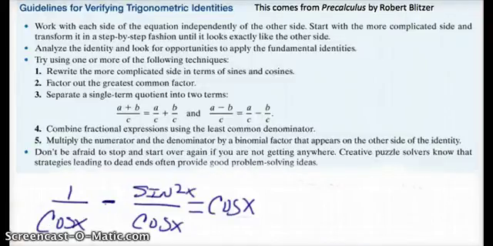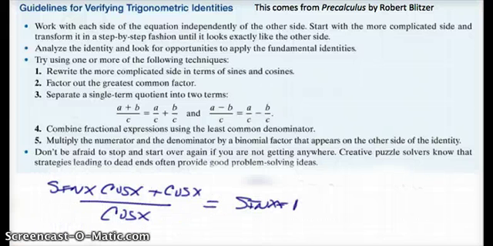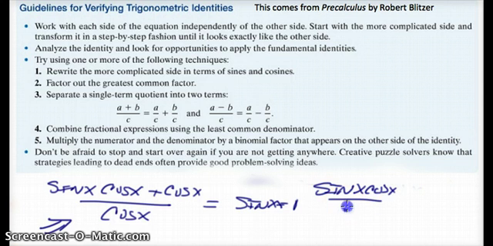Okay, folks, this is the other part of 3. Now, notice over here on the left side, I've got a common denominator, and I could split it up into 2. Sine x cosine x over cosine x, and then plus cosine x over cosine x.